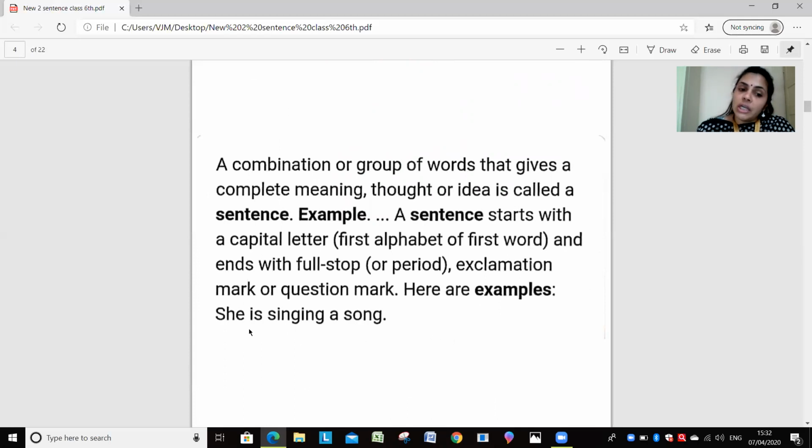Now here she is the subject. Is singing a song is the predicate, which also includes the verb. And what is she singing? What is the effect of her singing? What are the other things which are happening? So that is a song. Is that clear?